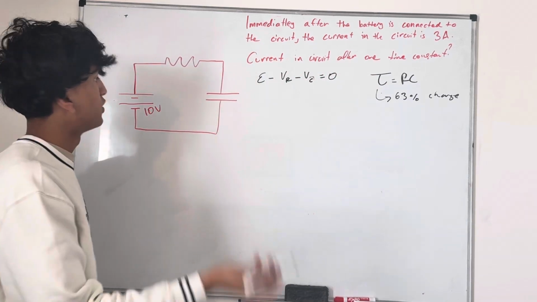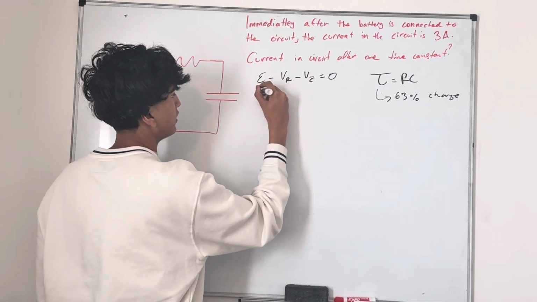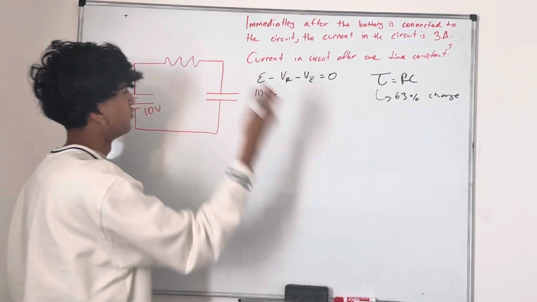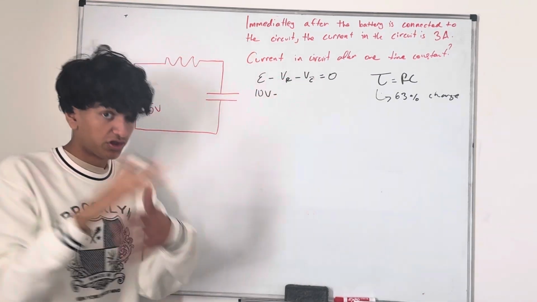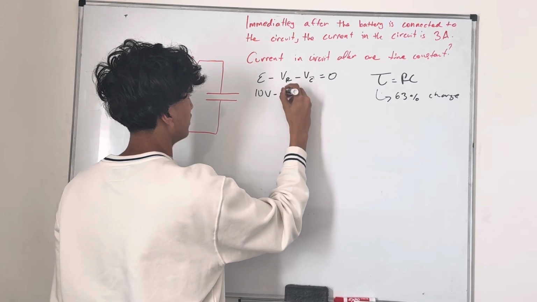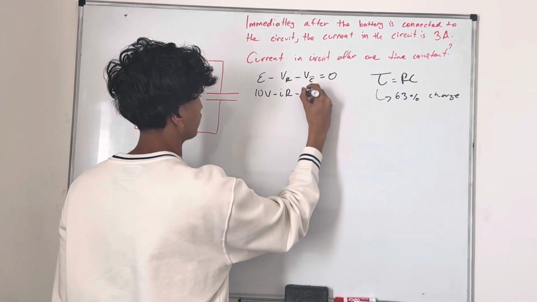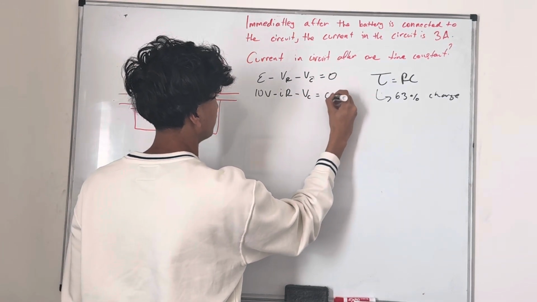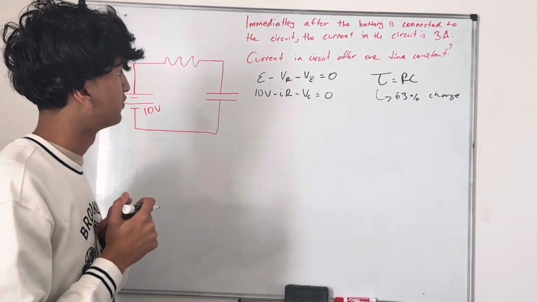Now let's plug in numbers. 10 volts for the battery minus the voltage drop, which is the current at a certain time, I, times the resistance, minus the capacitor voltage, all equals 0.